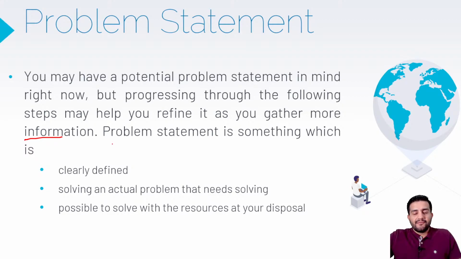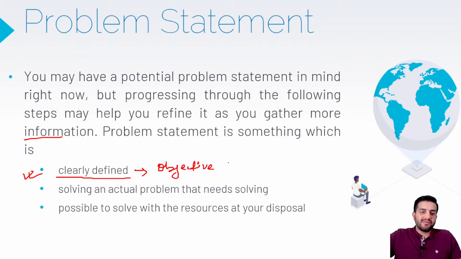So now, when I'm trying to coin this, a problem statement is something which is definitely very much clearly defined. So for this, the objective should be very, very, very clear. What exactly I'm going to look at, that is what my main motto is.